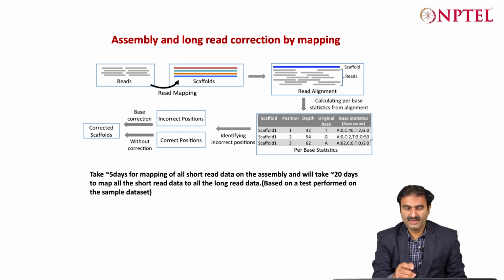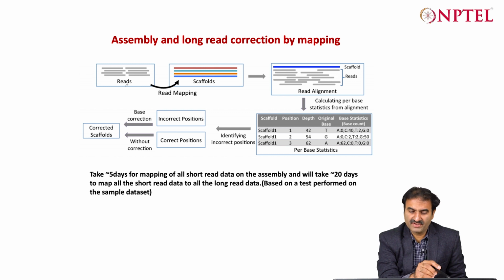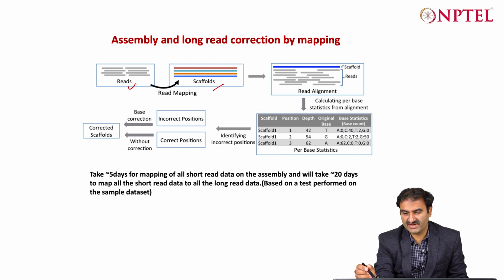So for example, when you map the raw reads on the scaffold, that means the assembled fragments of the genome, right, you will see that for each fragment the reads that are mapping have a different base pair from what you have seen in the scaffold, or the final outcome of the assembly, right.